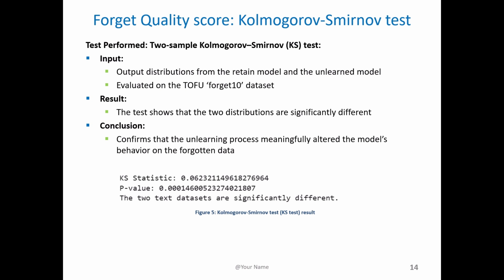It means the amount of knowledge the unlearned model has, or the pattern in which it generates data, is very different from the retained model. So unlearning somehow affected more than just the forget set, and that is the reason for the dissimilarity of the distribution of the output.